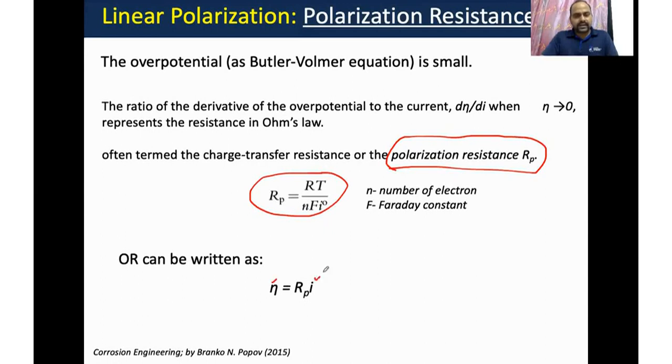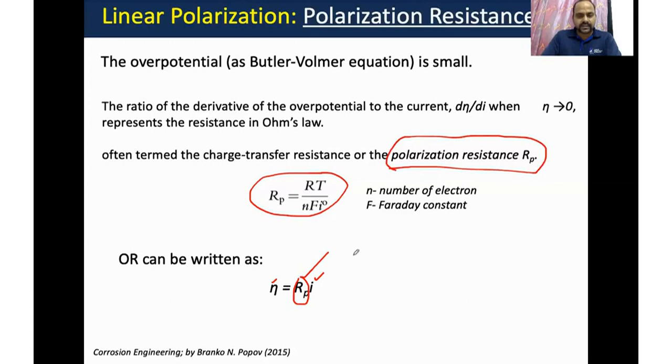It will change if there is a change in the electrolyte, if there is a change in the electrode, or if there is a change in the reaction between electrode and corrosion. So this is a kind of measure of our corrosion. So RP has some kind of interlink or connection with the corrosion.